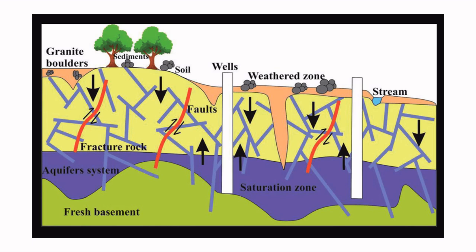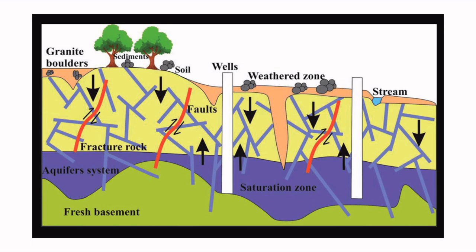Hard rock regions comprise granites, schist, basalt, quartzite, and so on. The occurrence, movement and distribution of the groundwater differ from rock type to rock type and also with its structure, the intensity of weathering, and the topographical variations.